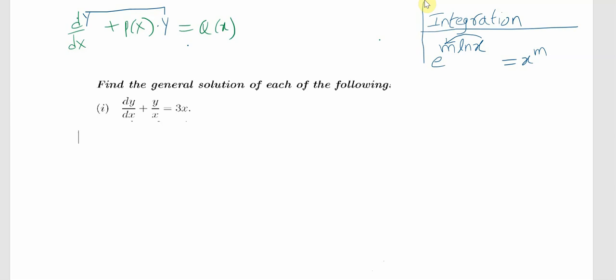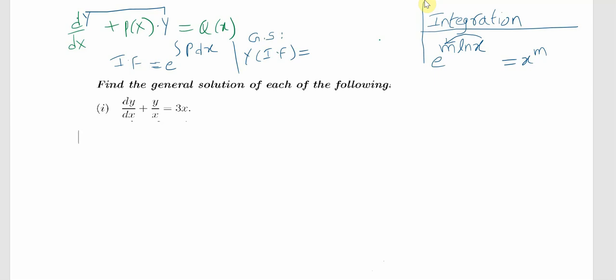So let us see how to find the general solution for this differential equation, a linear differential equation in y. First we find the integrating factor, that is e power integral p dx. p is a function of x and it is the coefficient of y, as I told. From here we collect p, and the general solution is y multiplied by IF equals integral of q times IF plus c. This is y because this is a linear differential equation in y, where dy and y are there.